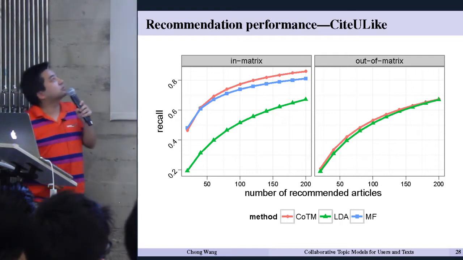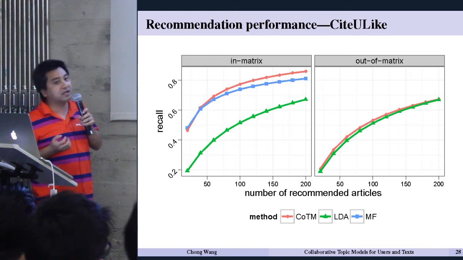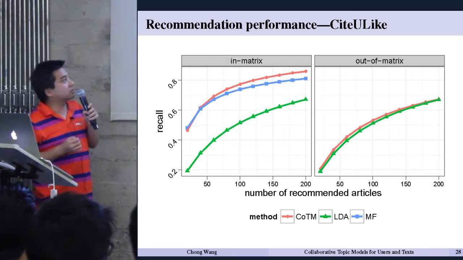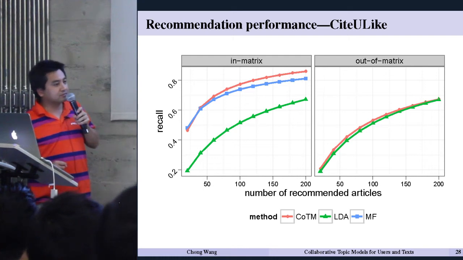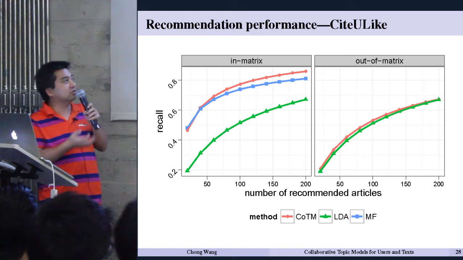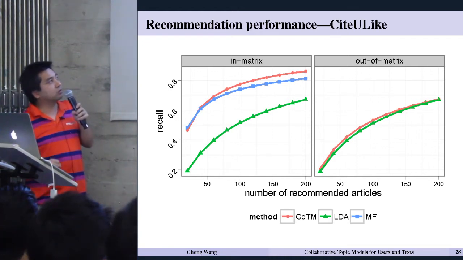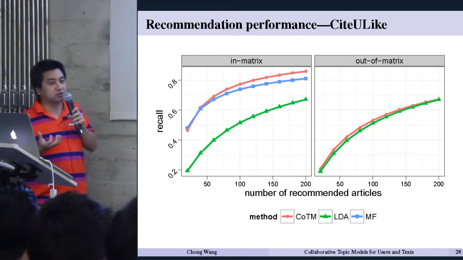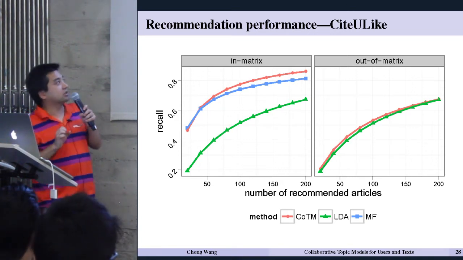So these are the results we have from the two data sets. We compare with two baselines. One baseline is the LDA model, where we don't use user behavior, we just use the topic proportions for the recommendation. The next baseline is MF, a matrix factorization model. We don't use textual information, we simply use a user-item matrix, like general matrix factorization for recommendation does.